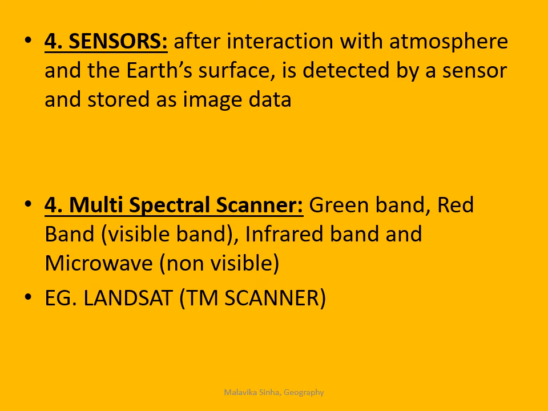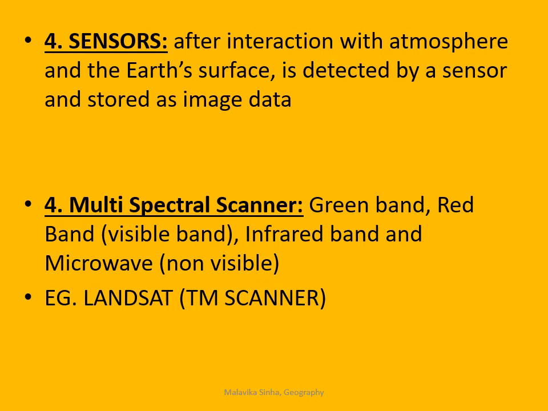Therefore, the third step of remote sensing is to sense, through the active or passive sensor, the reflected EMR from the Earth's surface. The next step is that this sensing process is performed very minutely through the multispectral scanner.